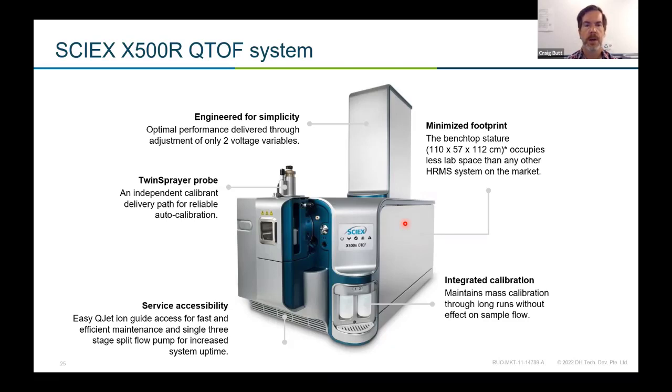And you can just see here a picture of what it looks like in the schematic. The key really for this is the front end source is the same that's on our mid-range triple quads, which means we're getting a very robust source, able to tolerate the complex matrix of a serum, but also high sensitivity.